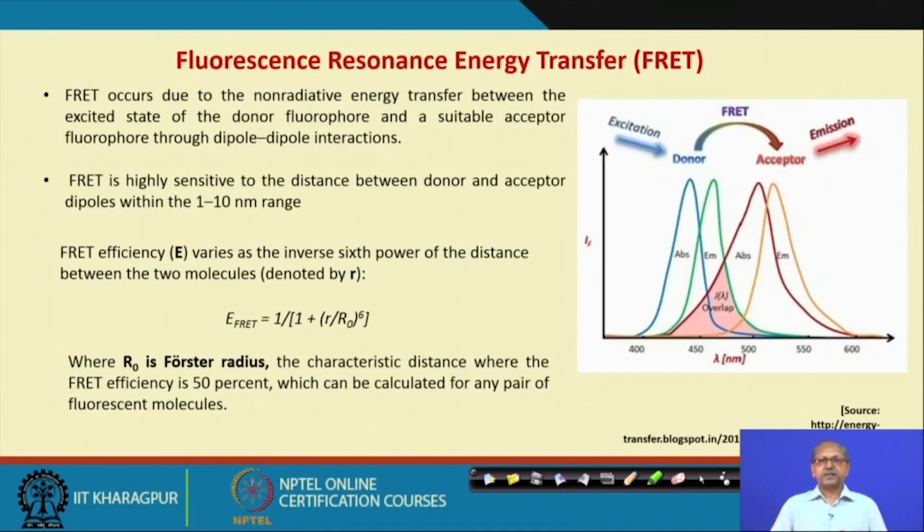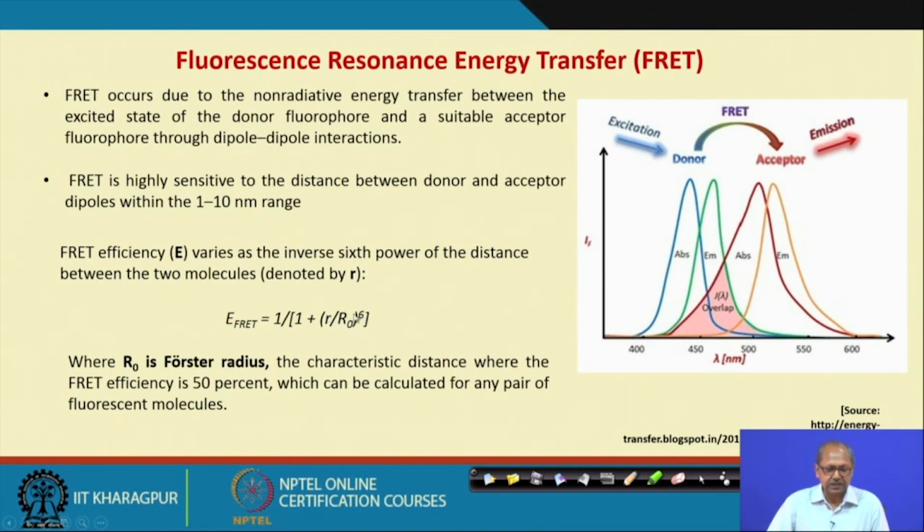Then we come to FRET. FRET is a phenomenon where two fluorophores will be there, one is the donor and another is the acceptor. The donor emission spectrum will overlap with the acceptor excitation spectrum and emit emission light, and the equation is E FRET equal to 1 by 1 plus r by r 0 to the power 6.